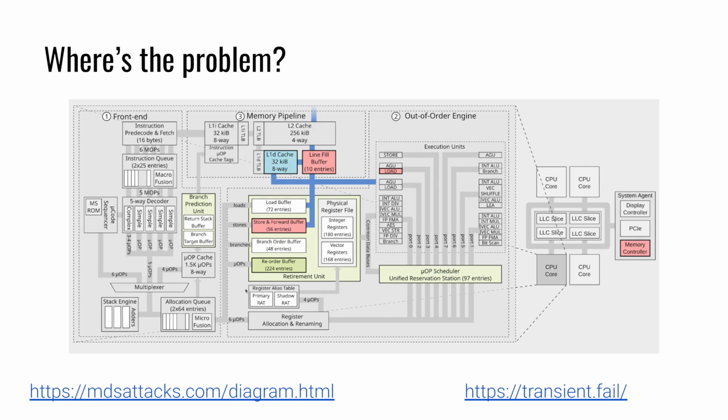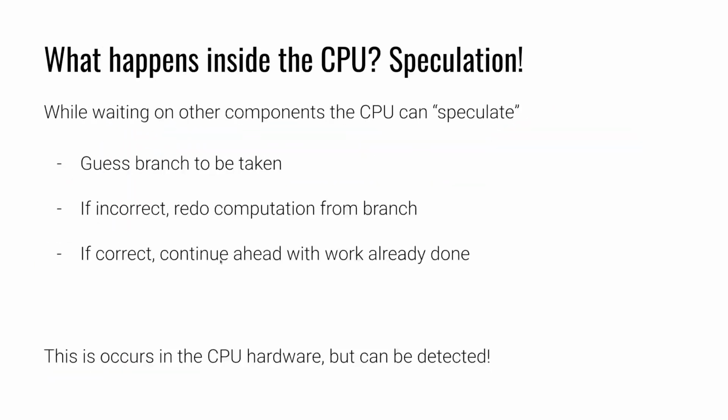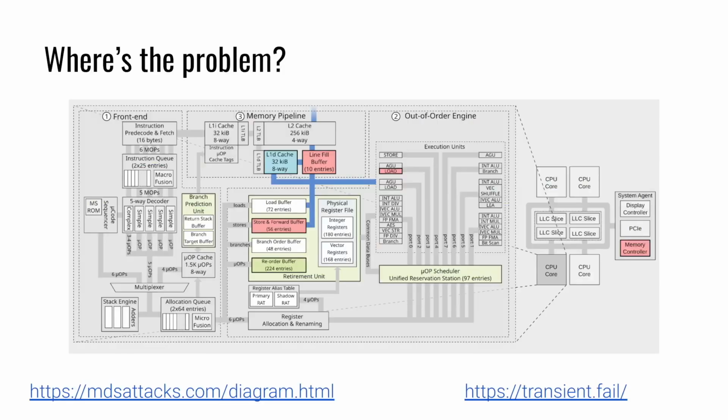For instance, right here, we see there is a branch target buffer, right? And this is part of the branch prediction unit. When we talk about speculating, how does the CPU decide what branch we're going to take? Well, there's actually a hardware component in most CPUs nowadays whose function is to try and predict the most likely branch that will occur.